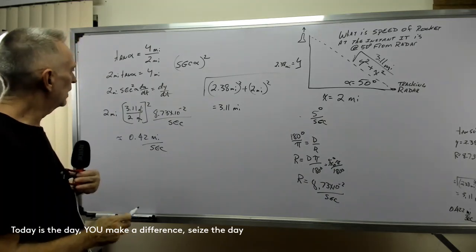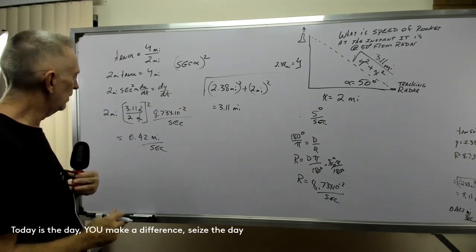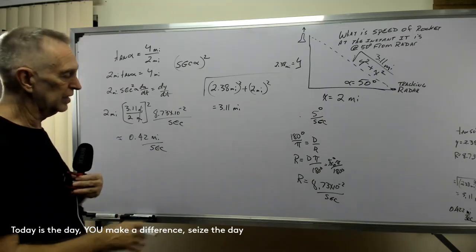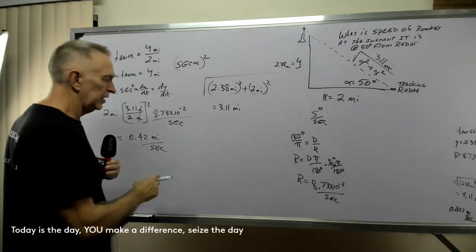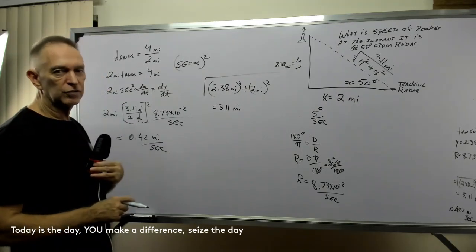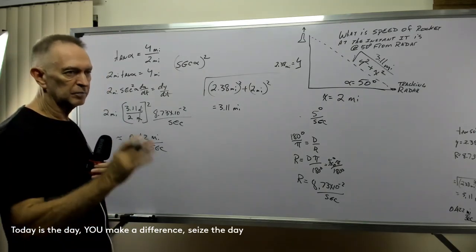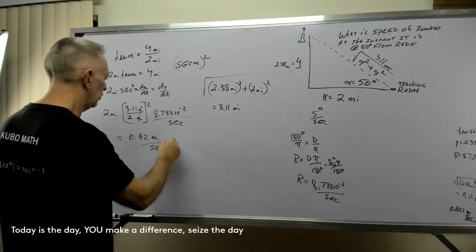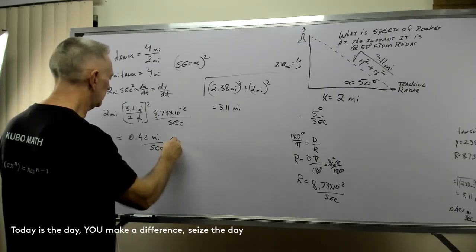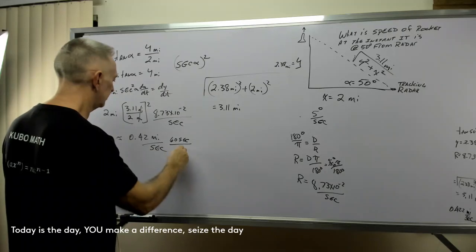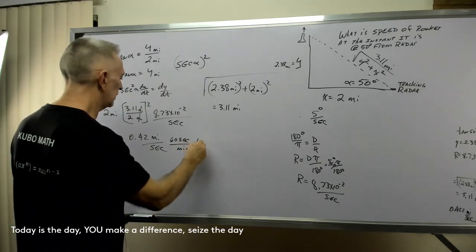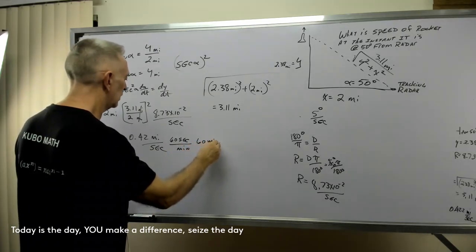Well, you may be thinking, okay, how many miles per hour is that? Fair question. Okay, we know there's 3,600 seconds per hour, but if you don't know that, you know there's 60 seconds per minute, and you know there's 60 minutes per hour.